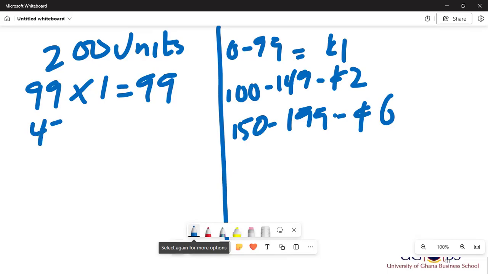So 49 will be multiplied by 2, which is going to give us 98.